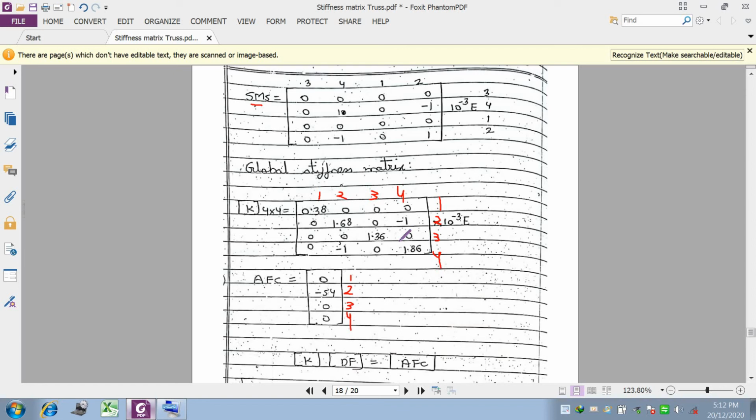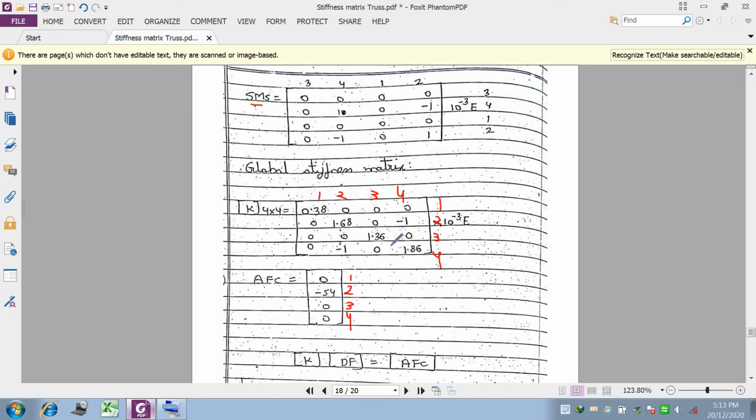You need not solve for the displacement as well as the member forces in that numerical. The examiner only expects to see whether you have formulated the global load matrix or not, because the numerical itself is written as formulate the global load matrix for a given member. So as per the numerical statement you can easily judge that the type of numerical is for the global load matrix, and that numerical may be asked for only 7 marks.